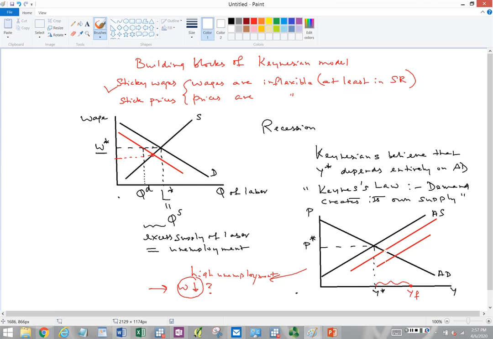That's the new equilibrium there. And at each step, we see that Y star is coming closer and closer to YF. The economy is moving towards full employment, if this were to happen. Correct? So in other words, if this were to happen, the recession would, in a sense, fix itself.